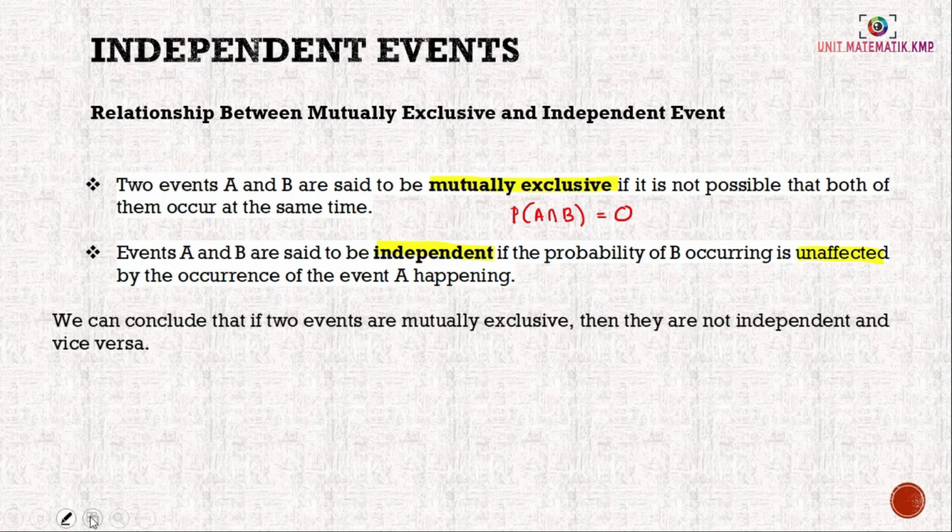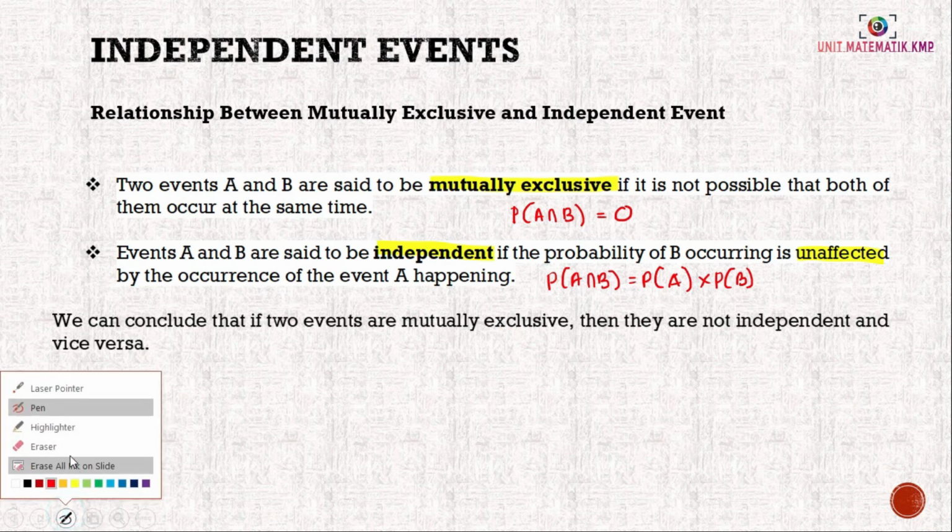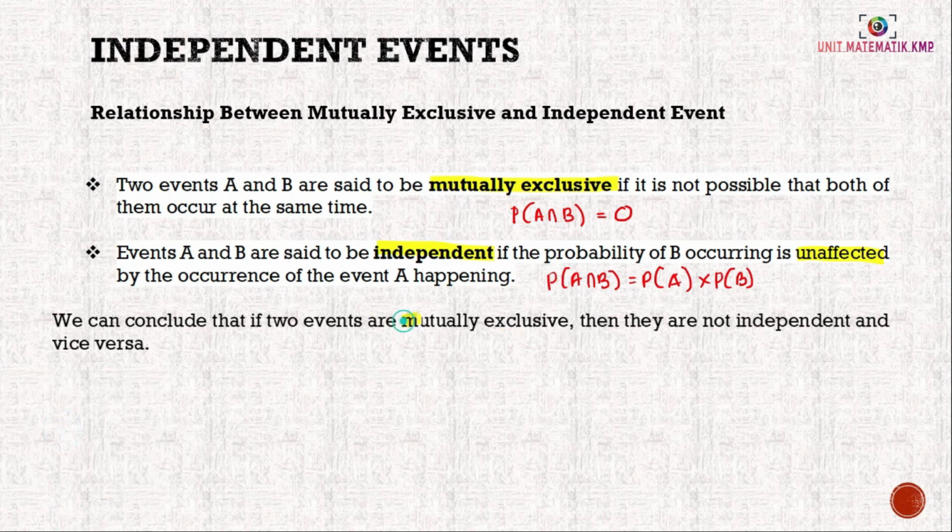So independent kalau kita tengok daripada formula tadi, P(A intersect B) is equal to P(A) times P(B). Okay, we can conclude that if two events are mutually exclusive, then they are not independent. So kalau event tu mutually exclusive, then they are not independent, and vice versa lah. Okay, so kita tunjuk example sikit.